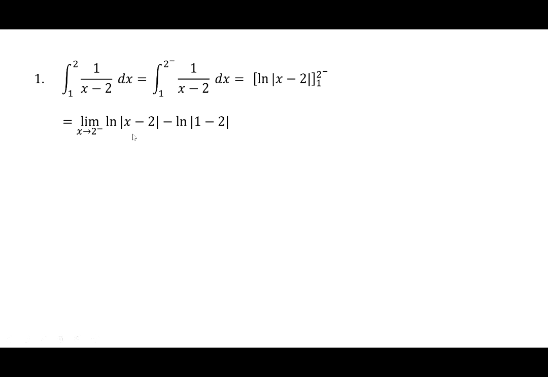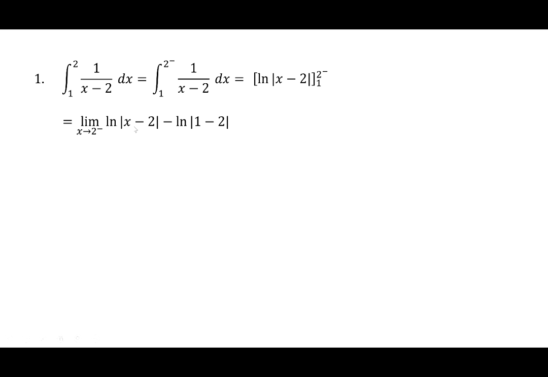Cool? Now let's ask, what is natural log of absolute value of x minus 2 as x approaches 2 minus? What do I mean by x approaches 2 minus? That means x gets as close to 2 as possible, but is slightly to the left of 2. Can you think of a number which is slightly to the left of 2? 1.9 or 1.99? Okay, cool.